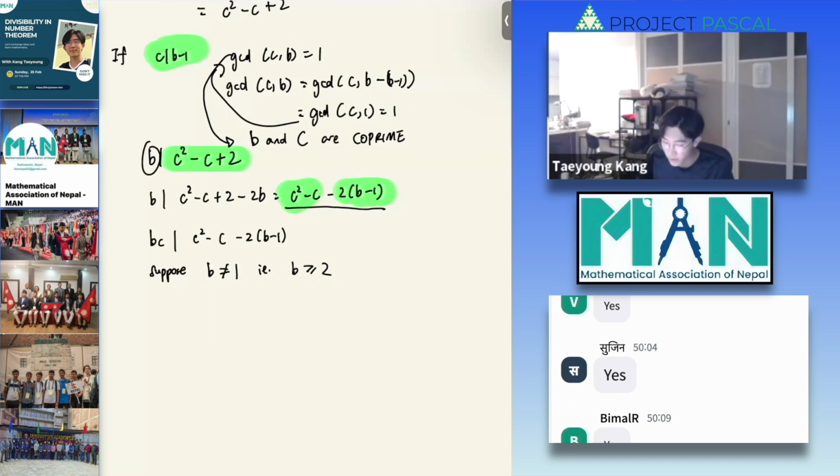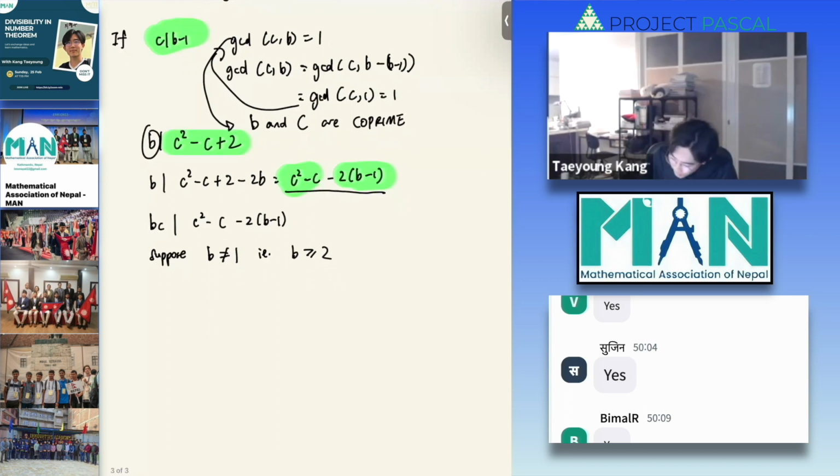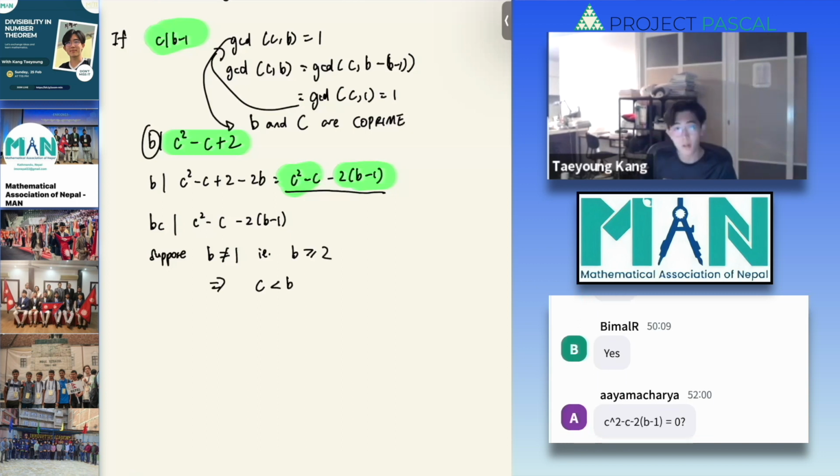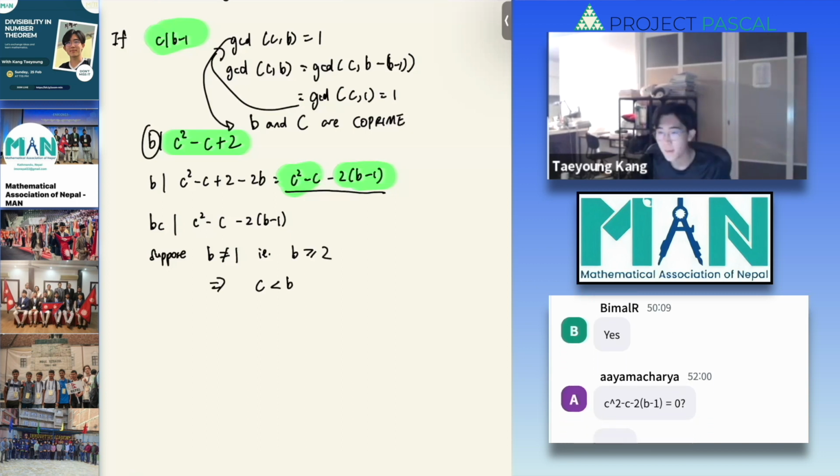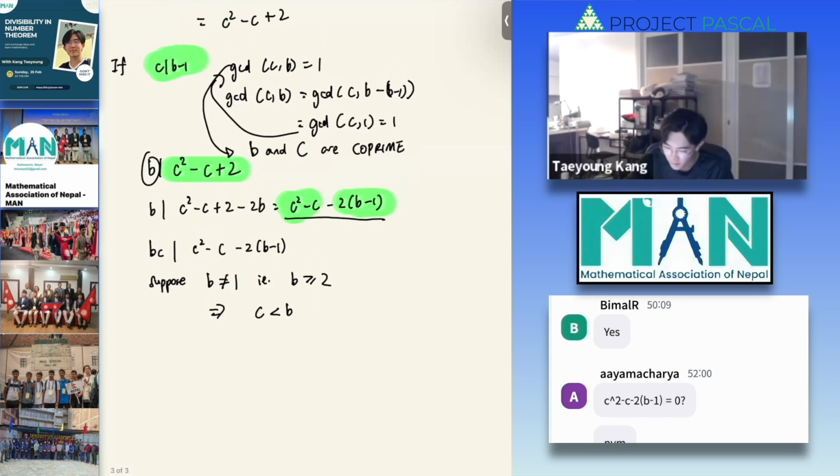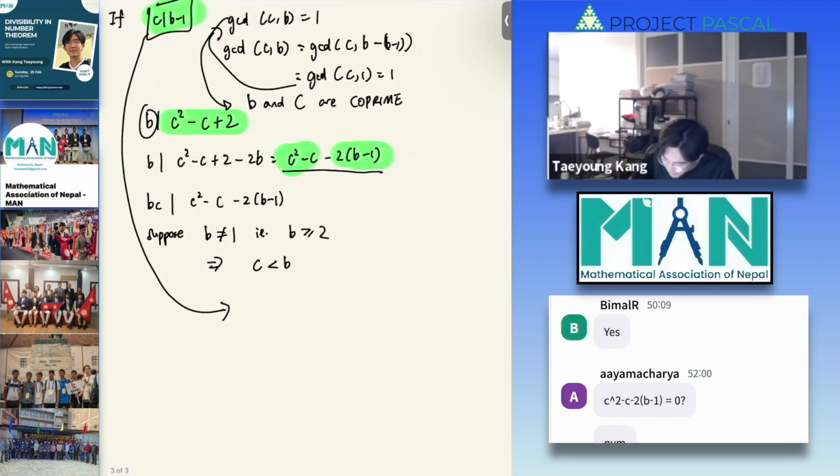If B is larger than or equal to 2, it implies that C is less than B, correct? It's by our fact number 2.3, where since C divides B minus 1, and B is larger than or equal to 2, we have that B minus 1 is larger than or equal to C, so B is larger than C.